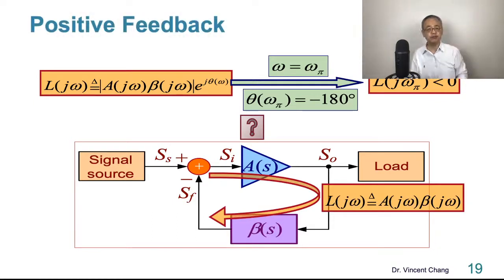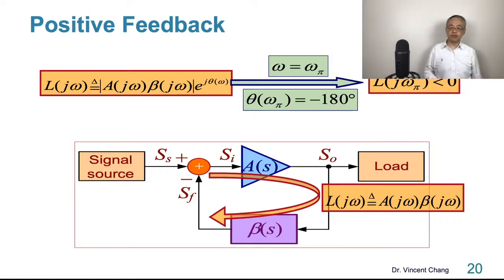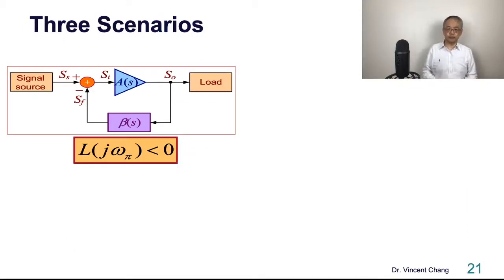Positive. So it's an amplifier, but because of the frequency-dependent nature of the circuit, at this frequency this negative feedback amplifier turns into a positive feedback. All right? So this is the issue.